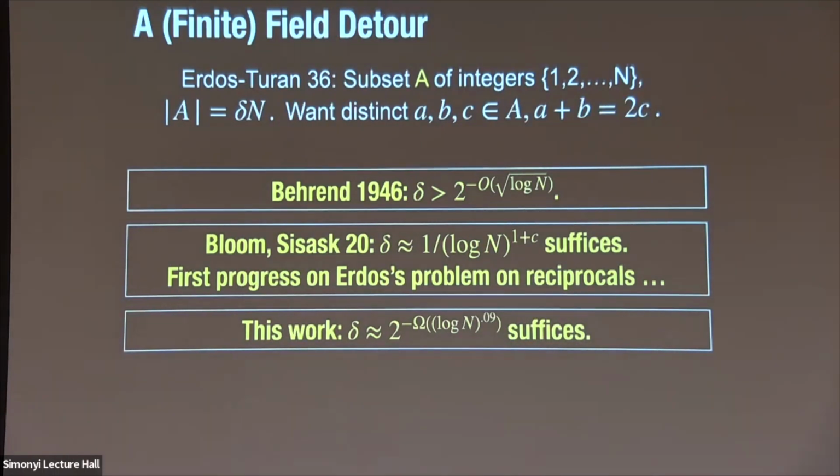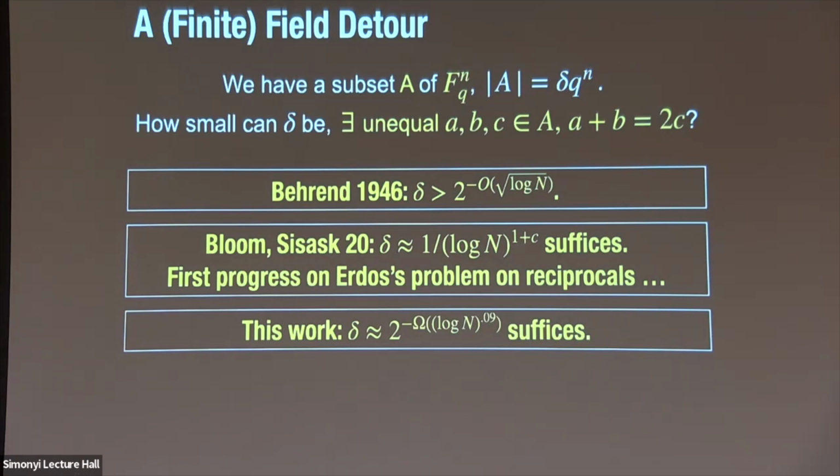All right, so in fact, I'm going to take a detour from the integer case and talk about this question in a slightly different setup. The equation that we're looking for is the following: we want 3 numbers, a, b, c, from our set, which satisfy a plus b equals 2c.